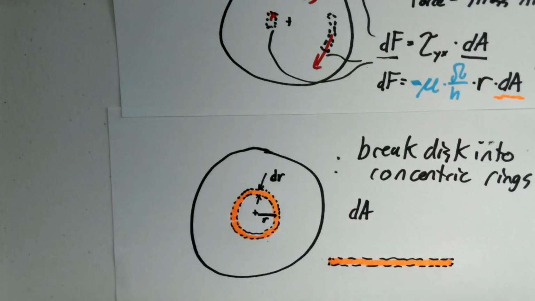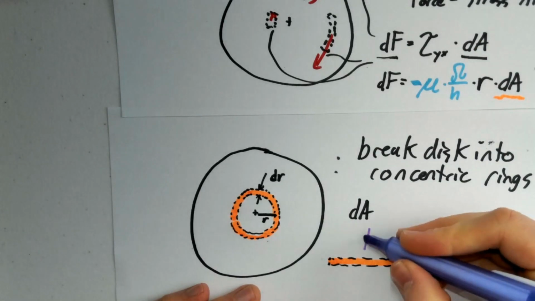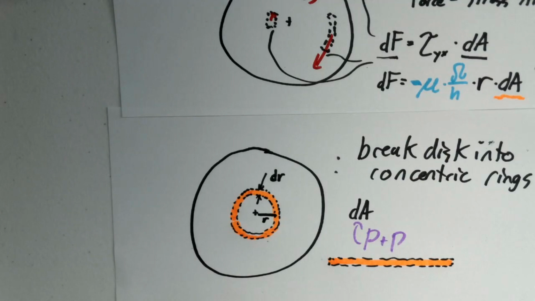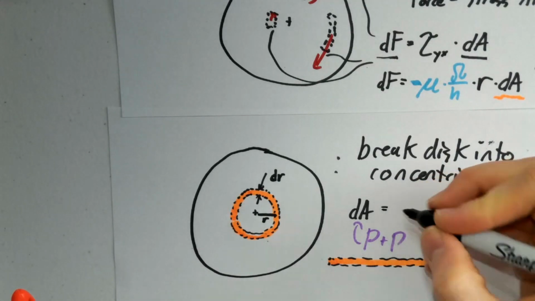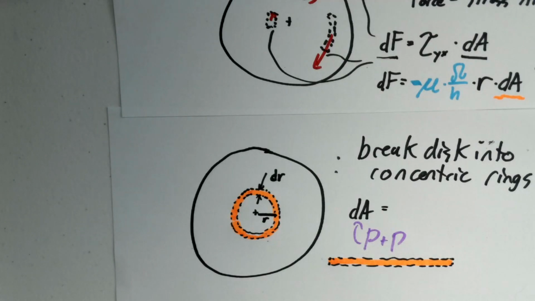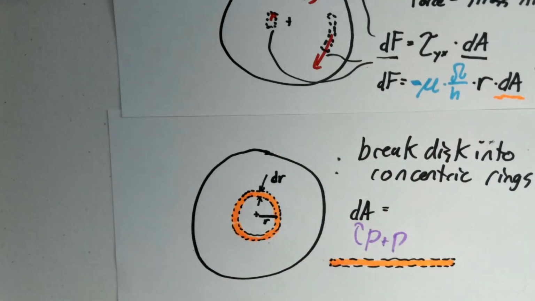So take a moment, pause and ponder. What is dA? What is the area of this infinitesimally thin shell that we've unwrapped? What is dA in terms of some of these parameters?